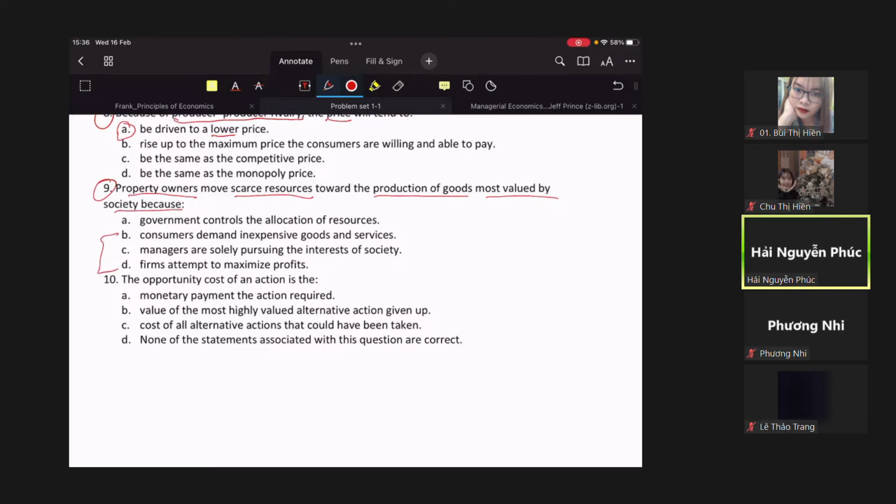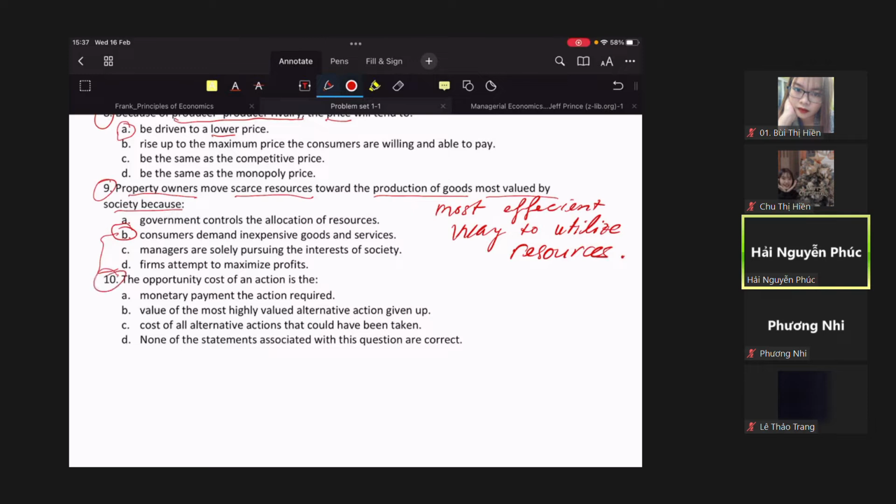But the correct one is going to be B. The consumer will demand inexpensive goods, so the producer will have to find the most efficient way to utilize resources. Right.